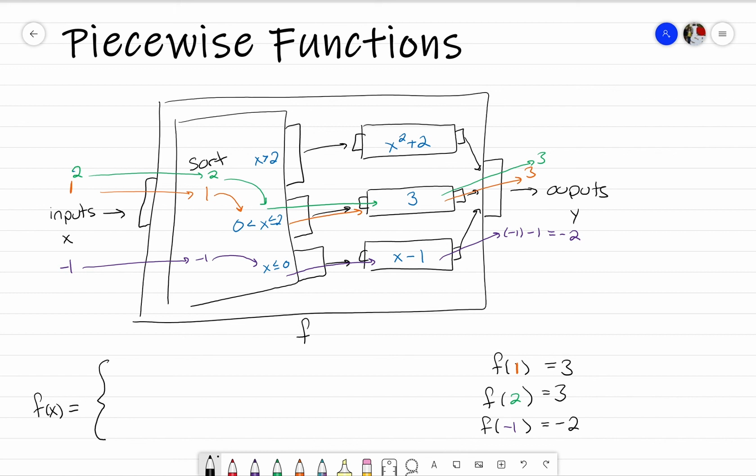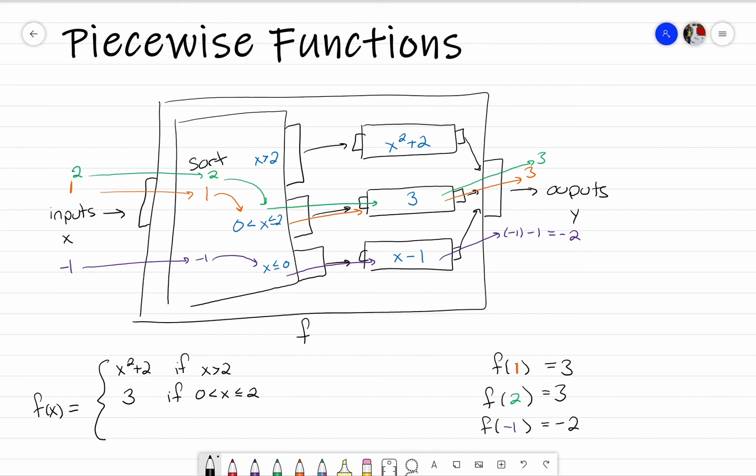So for example, in the first one, the rule is x squared plus 2, and the sorting bin it goes into is x is bigger than 2. So we leave a little space there. I like to write an "if" in between. So it tells me that if x is bigger than 2, that means I'm in that first bin, and I use the rule x squared plus 2 as my function rule. The next one we have is just the constant function 3, and we're going into that one if 0 is less than x is less than or equal to 2.